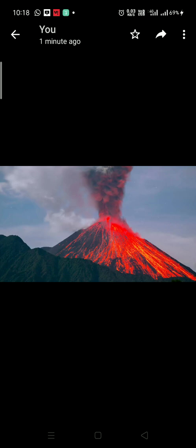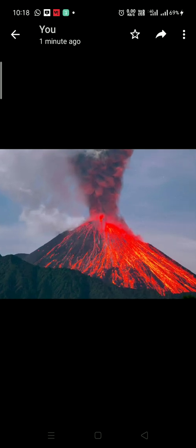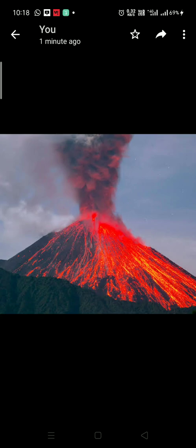Now let's talk about what are igneous rocks. Now kids, see the picture over here, see the screen. What is this? This is a volcano, correct? I have explained to you what a volcano is. Inside the earth there is the inner core, then the outer core, then the mantle, and then our crust, correct? In the inner core there are lots of gases in solid form.